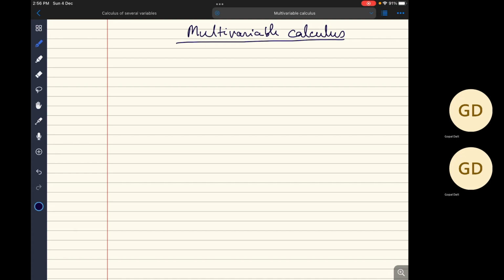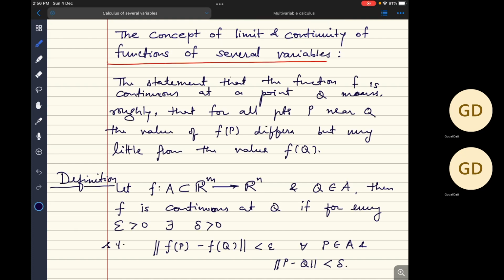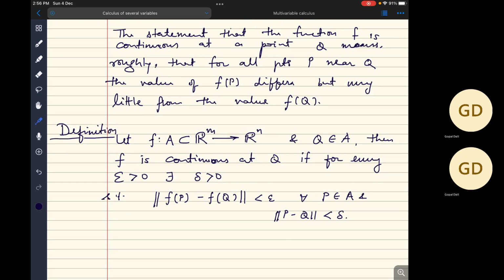Let me write it here, and with a definition I'll show you. As I said, that function f is continuous at a point means whenever we have a point p near q, the value of f(p) should be near f(q). Let us see a precise definition.